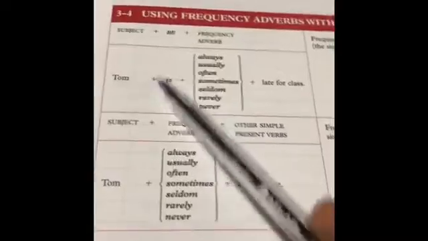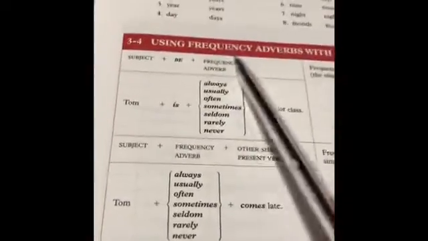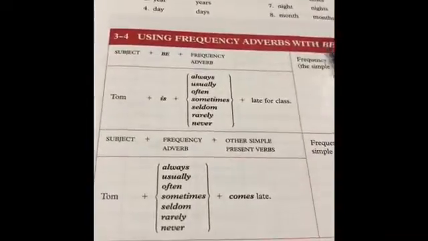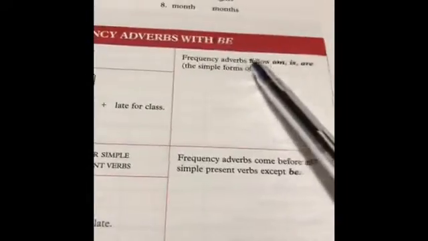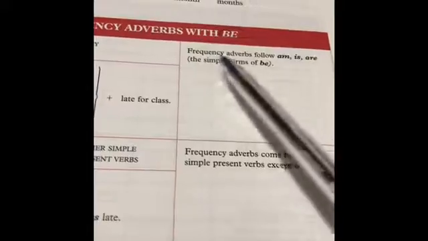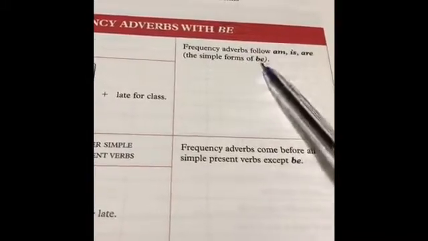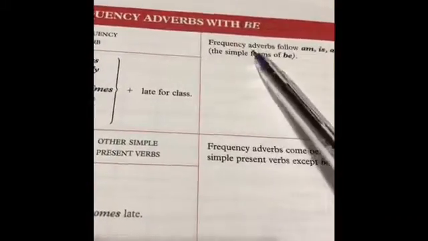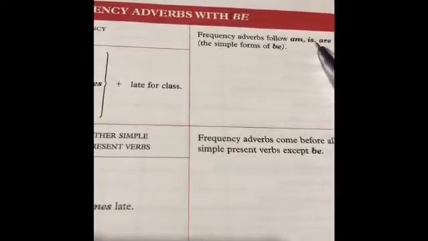Only when we have be can we use this form. The frequency adverb follows is, are, the simple form of be. يعني هدول الادverbs بيجوا بعد is are.